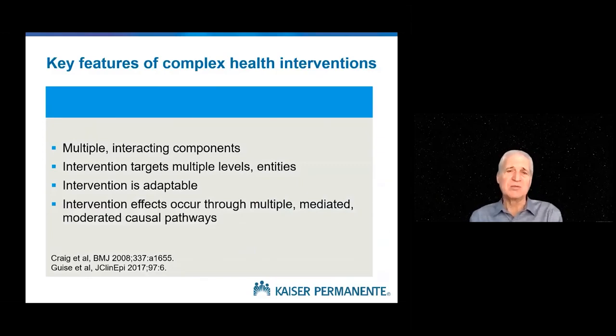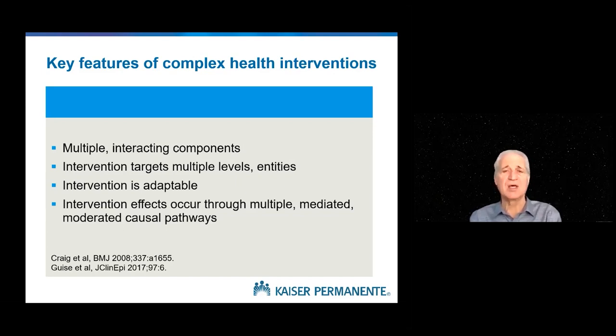Just a side note, and that is what represents, at this point, the most formal, widely accepted definition of complex health interventions: interventions that have multiple components that typically interact. Those multiple components, of course, target multiple entities, typically at multiple levels, but not always.